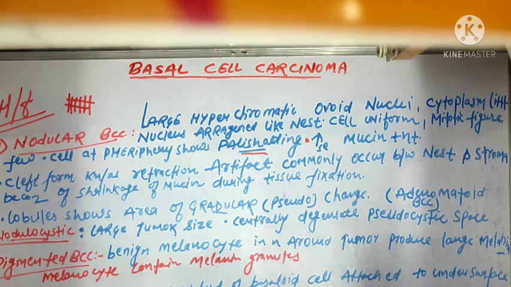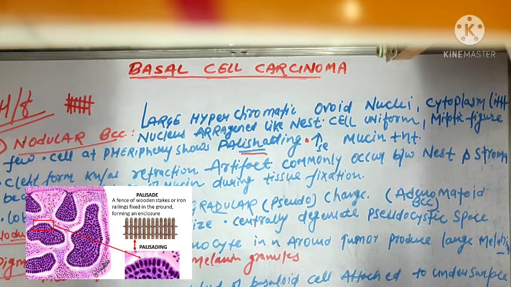The cleft formation, also known as retraction artifact, commonly occurs between the nest and the stroma, because of shrinkage of mucin during tissue fixation and the staining process. So cleft formation is seen there.